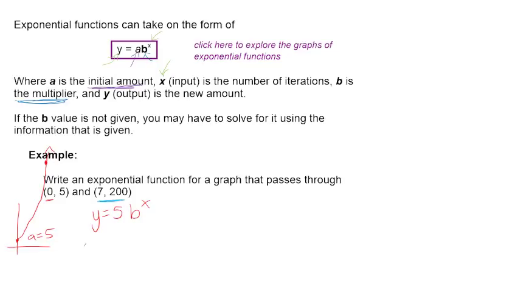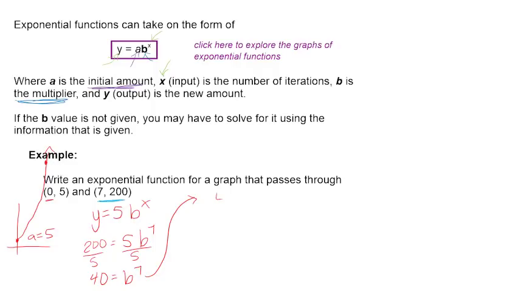I'm going to use 200 for y is equal to 5 times b to the 7th power. And now we're going to work to solve for b. So I could divide both sides by 200, or sorry, not by 200, by 5. And I end up with 40 is equal to b to the 7th power.